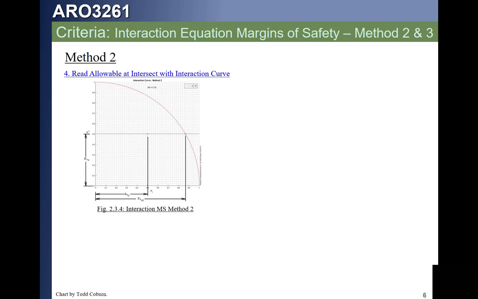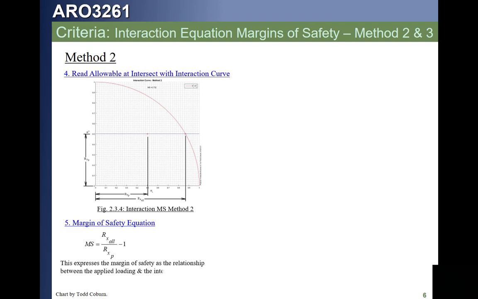In that case, it would be nonsensical to take a line through the hypotenuse, and what we really want to do is check the relative proximity of the interaction curve from the point in a horizontal direction. In that case, we just use a horizontal line to intersect the interaction equation, and then we take the relative ratio to calculate the margin of safety as shown.